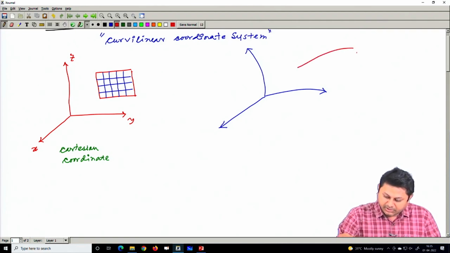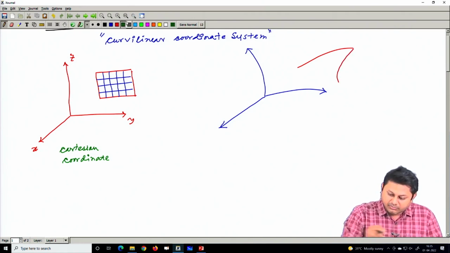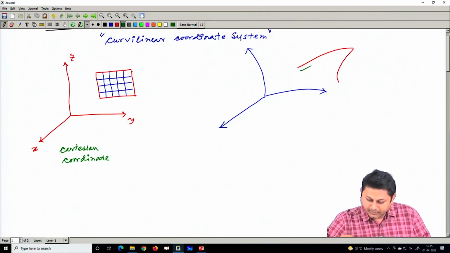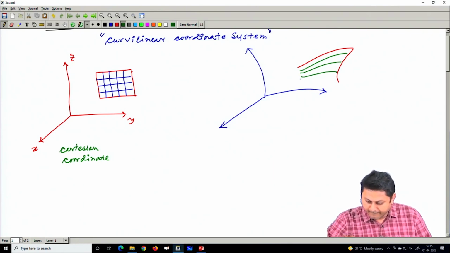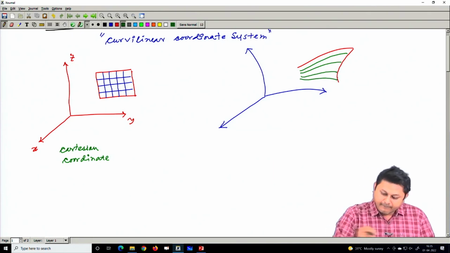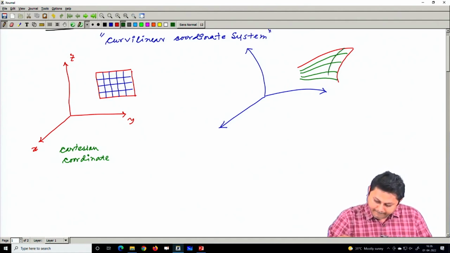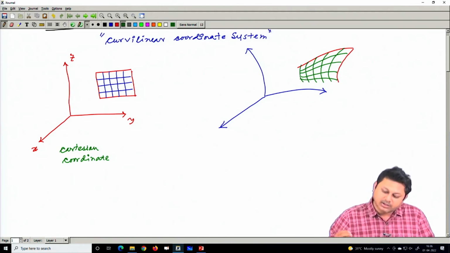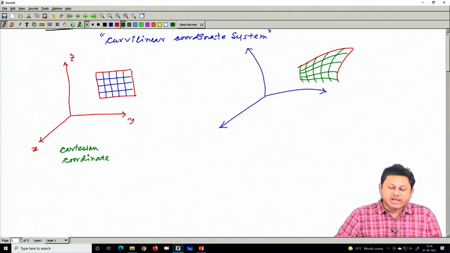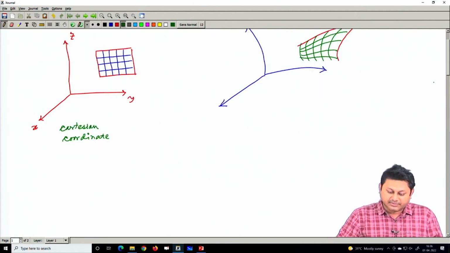And then we have coordinate points like this. This is just to show how the two surfaces differ. We have a plane surface here and a curved surface here.